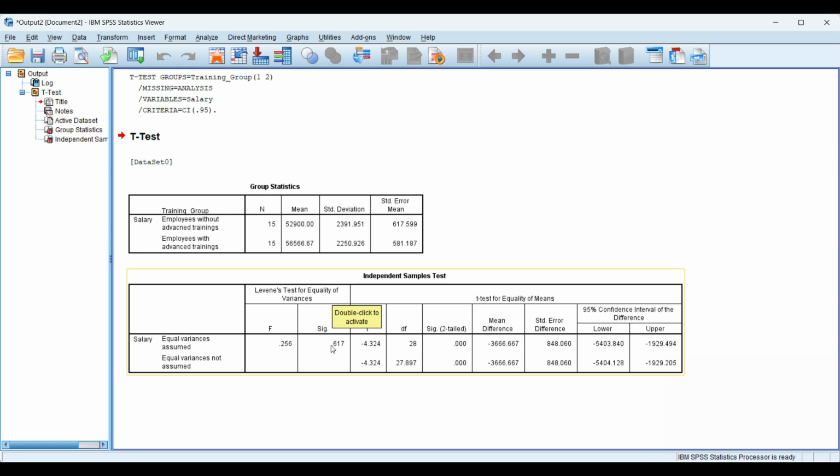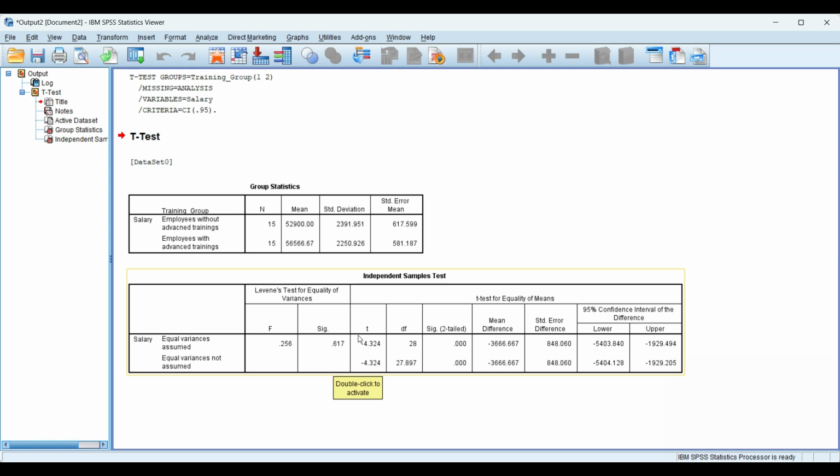Because 0.617 is greater than the significance level of 0.05, it means the equality of variances assumption is not violated. Therefore we interpret the row labeled equal variances assumed.